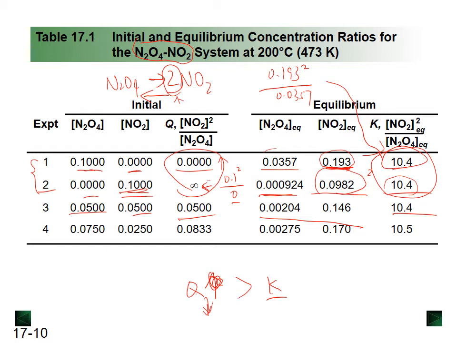So if you look at all these 4 experiments, you start with different reactants and product, you have different Q. Q can be any value, because you can mix different concentrations of reactants and product. So you get different Q, but the K is the same. When the reaction reaches equilibrium, the ratio must be the same. It's determined by nature.